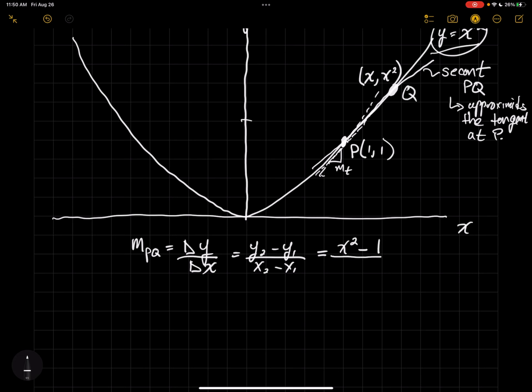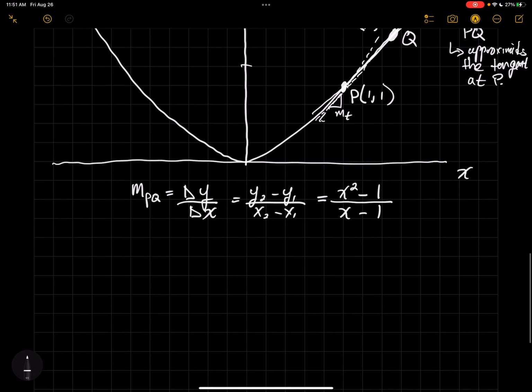Then I divide that by my change in x. x2 is the x value at point Q, so it's just x, minus x1, which is the x value at point P, which is 1. Remember that point P is at 1, comma 1. And so the denominator, the change in x, is just x minus 1. So now I can calculate the slope of PQ for any value of x.